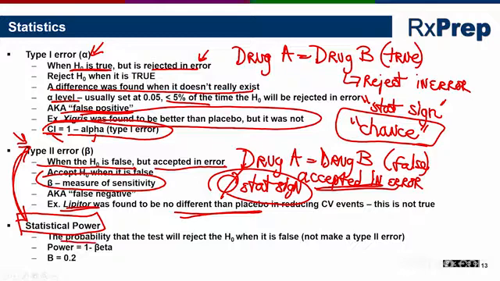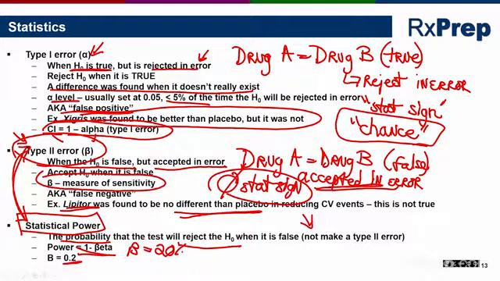So defined, it's the probability that the test will reject the null when it is false, therefore not making a type 2 error. So we need enough statistical power. Power is equal to 1 minus beta, so 1 minus the chance of making a type 2 error. In clinical practice, we generally say our beta is equal to 20% or 0.2.